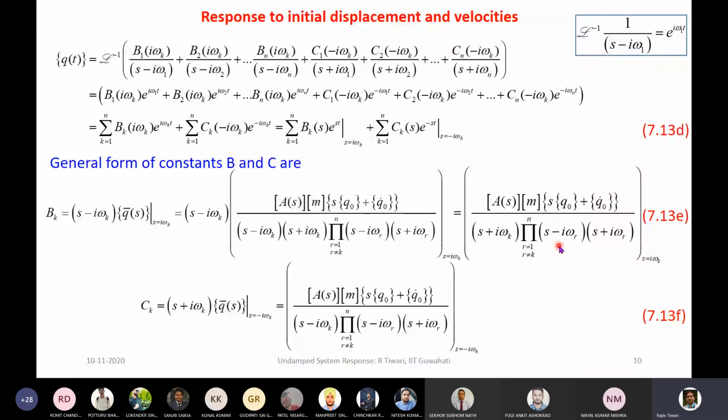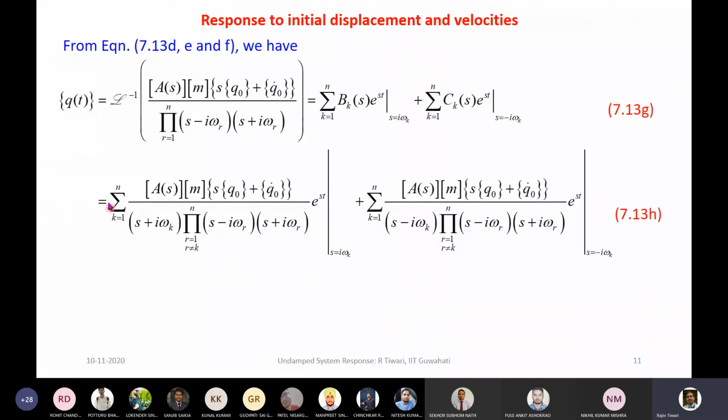So these expressions have been put here in place of Bk and Ck. Now you can see that this is the time response of the system because of the initial conditions q naught and q dot naught, the displacement and velocity. So this is the final expression.